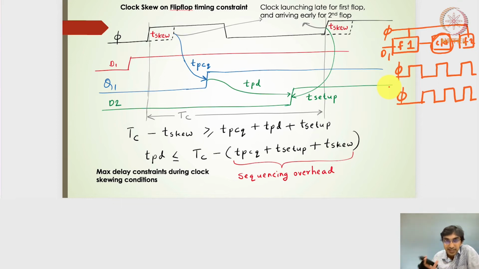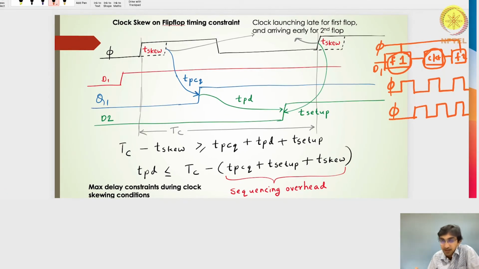In this sequence of the data path, in this particular subsystem design, what we need to take care of is the worst case condition. If I have, let's say, only 2 flops, and the clock skewing is given to us, then we can easily say we can have a worst case where F1 is placed at a very far end of the clock, and F2 is placed at the very near end.